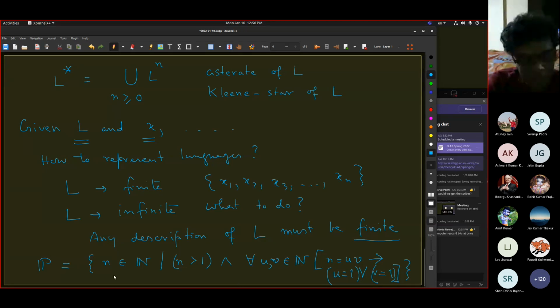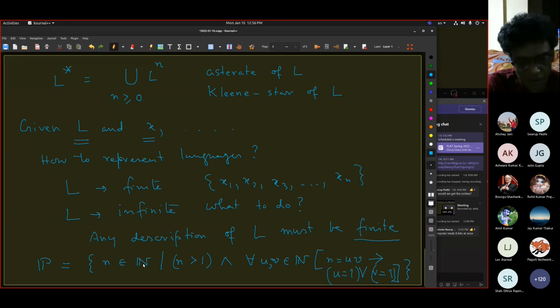So this is a precise finite way of writing the set of all primes. And we know that primes are not finitely many in number. There are infinitely many primes. But still, you see that with all our conventions and connotations, we still have this finite description of this infinite set P. Here, first of all, I have used the set builder notation.